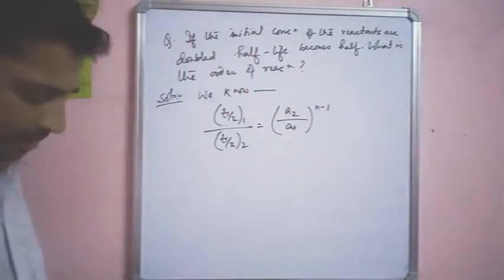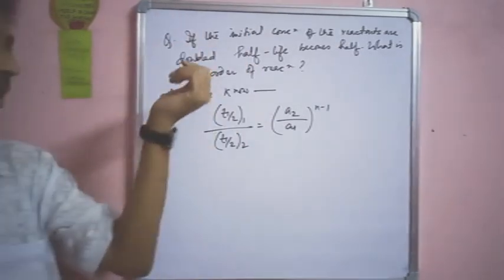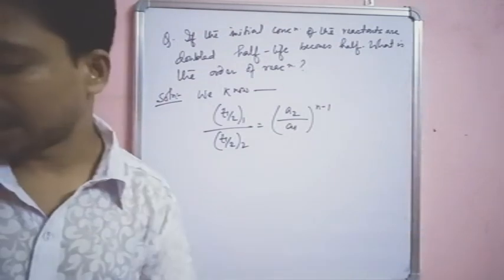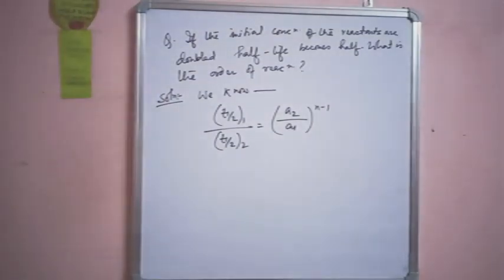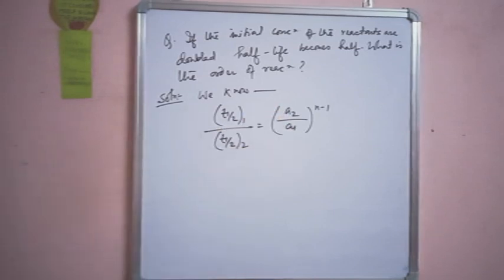Now अभी ये क्वेश्चन में क्या बोला गया है? Initial concentration of reactants are doubled. Okay, then half life becomes half. तो तब जाके order of reaction क्या होगा? ठीक है? So the initial concentration means double. ये double हो जाएगा. Twice A1 will be equal to twice A.